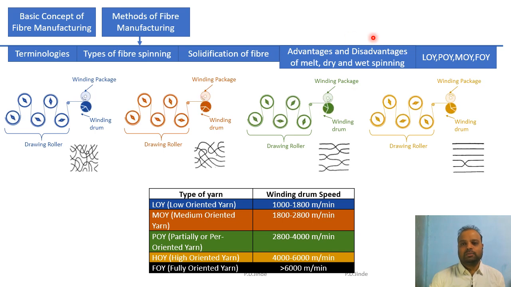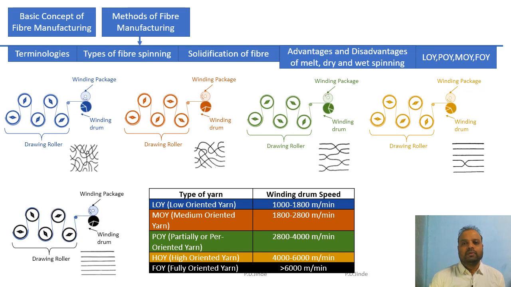Now let's talk about the last type of yarn, FOY, that is fully oriented yarn. Now in our case, the speed at which the winding drum rotates is greater than 6000 meters per minute. You can see the winding drum is rotating very fast relative to HOY, POY, MOY and LOY, right?